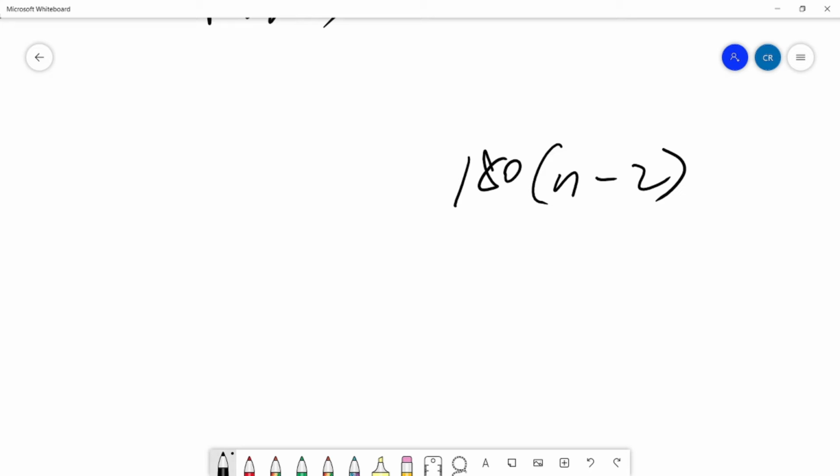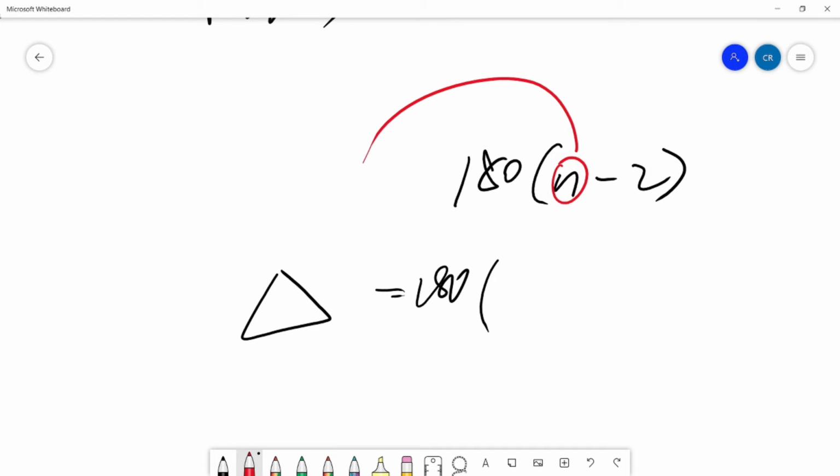Okay, why is that? Let's go back to the triangle. We all know that this equals 180. This is a polygon, right? This is a 3-sided polygon, which is basically a triangle. So how many sides is it? n represents the number of sides.